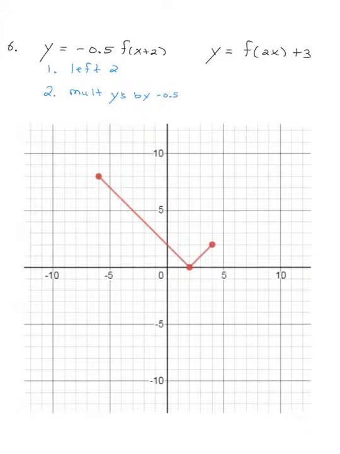Let's see what happens. I'm going to start with this point. We're first going to go left 2. Now the y value is currently 8. If you take half of it, it goes to 4. If you make it negative, it goes to negative 4. So first, the negative reflects it down to negative 8, but then taking half of it goes to negative 4. This is the location of that point: negative 8, negative 4.